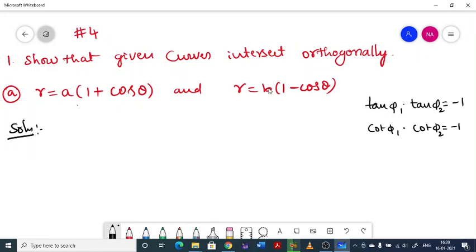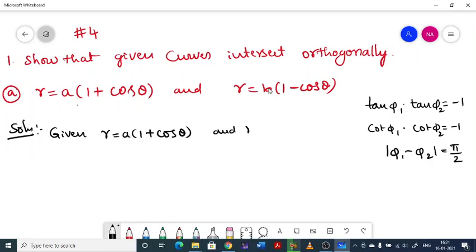So these two conditions you can use in addition to modulus of phi 1 minus phi 2 equal to pi by 2. Okay, so here the first set of curves: given r equal to a times of 1 plus cos theta and r equal to b times of 1 minus cos theta.